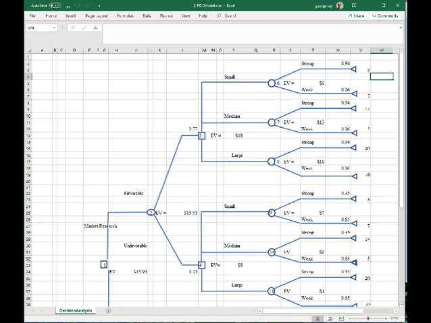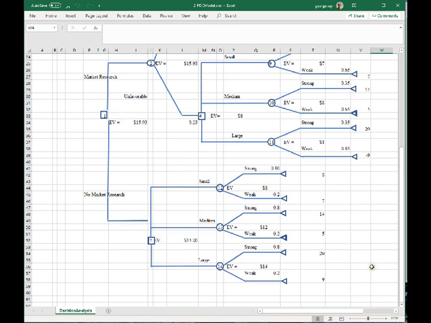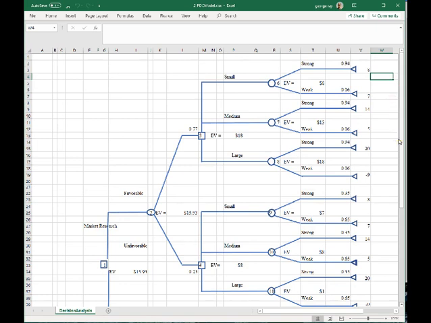The bottom fork is no market research. So we're back where we were with the first model we looked at in part 1 of this chapter. We just have a decision, small, medium, large, and a chance node, weak or strong demand. And again, we did this in the first part of the lecture. The upper half of the overall model is what we add because of the sample information.